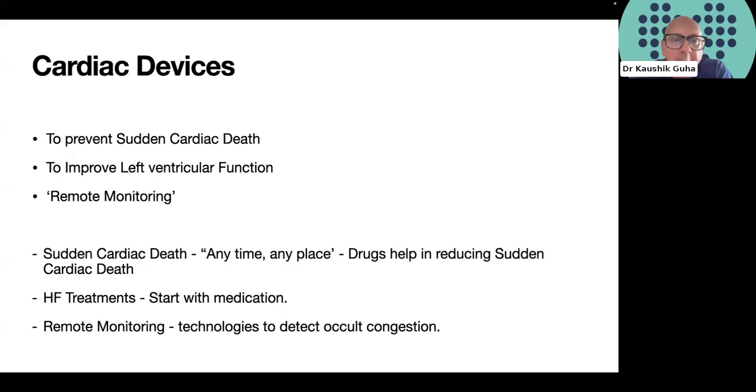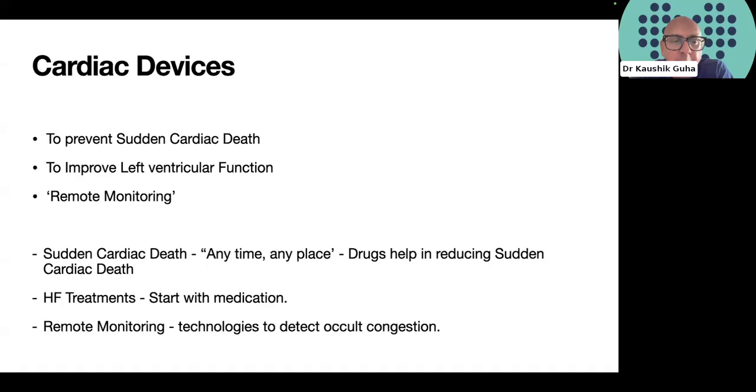We have to also have in our mind, before we talk about devices, that all of the heart failure classes of drugs have been shown to help in reducing the risk of sudden cardiac death. In terms of the heart failure treatments, again, the cornerstone of our therapies is to start with medication.